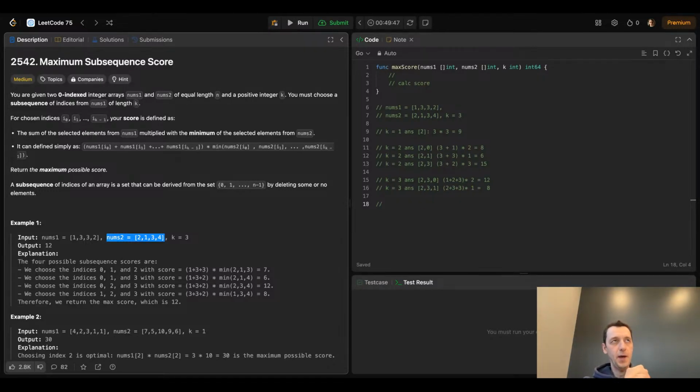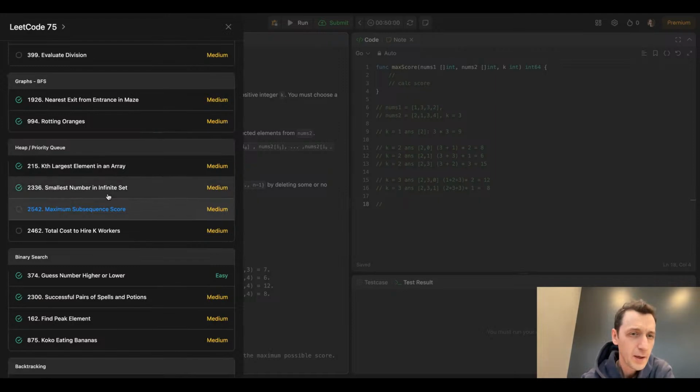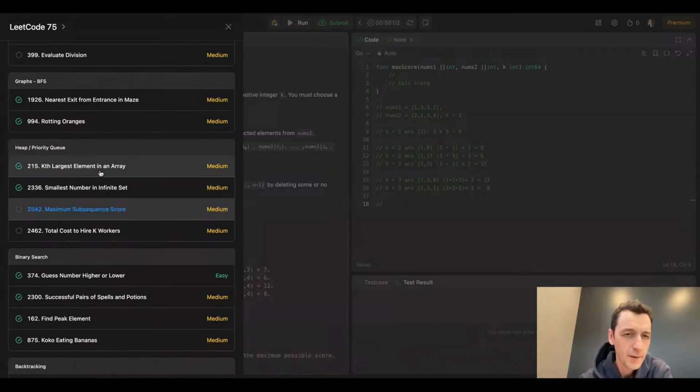By the way, we did solve a problem like that: kth largest element in an array.